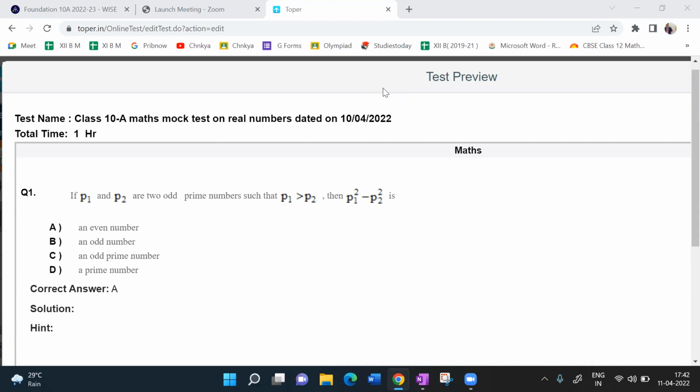I got it wrong for this. Okay, if you got it wrong, I'll add the marks. Mohit, right? Yes, sir.